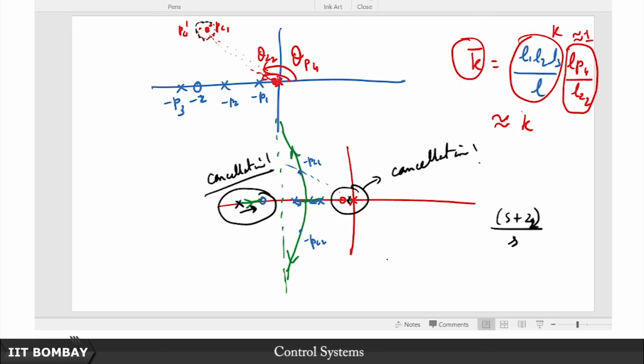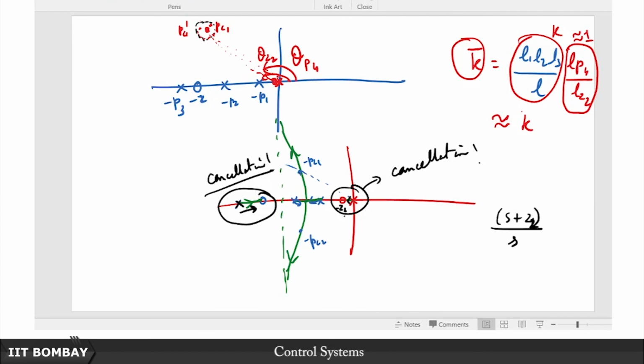Now remember, the moment you've done this, you have to be very careful that in the closed loop at least, this branch comes reasonably close to this z2. If not, then this slow mode will have a large enough residue when you expand by partial fractions. There will be a large enough residue for this slow mode, which has probably migrated from 0 to maybe some small minus epsilon, but it's still far off from this minus z2.